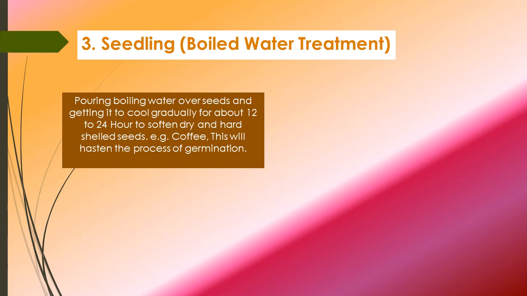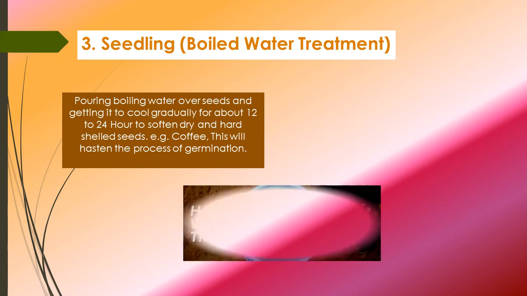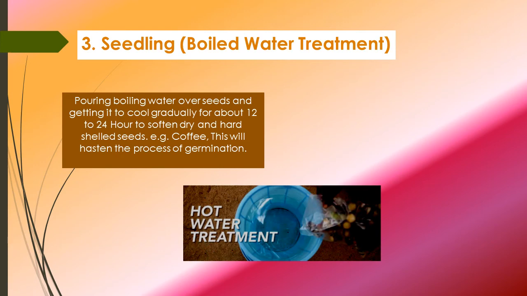Thus, seed dormancy can be broken by this treatment. This treatment is usually used in the case of the coffee plant, so this will hasten the process of germination in coffee plant. Hot water treatment, you can see here.